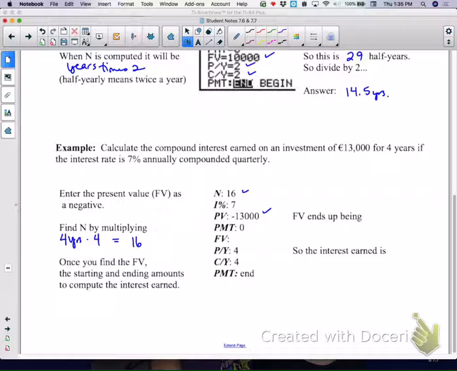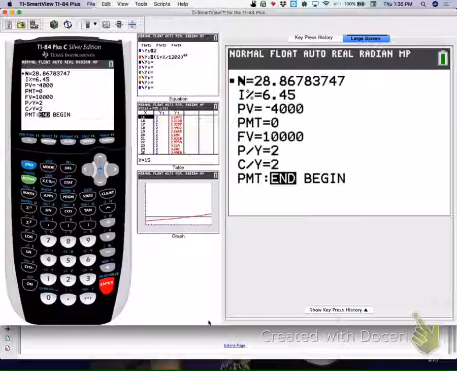But if I figure out what my future value is, then I can subtract to find out the actual interest. Okay, so no payment, 7% interest, 4 and 4 because we're compounding quarterly.